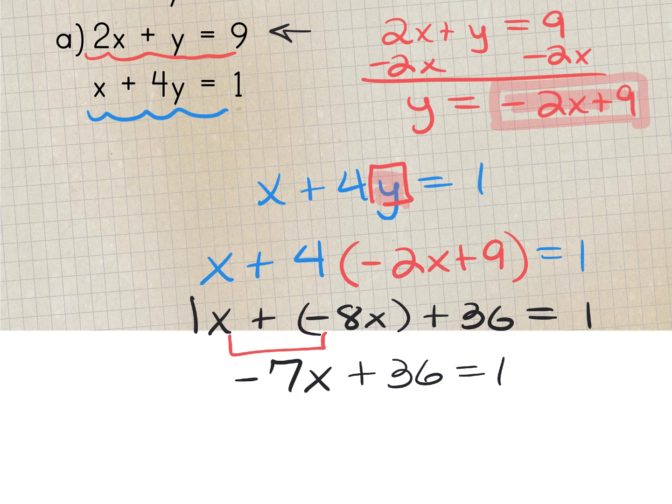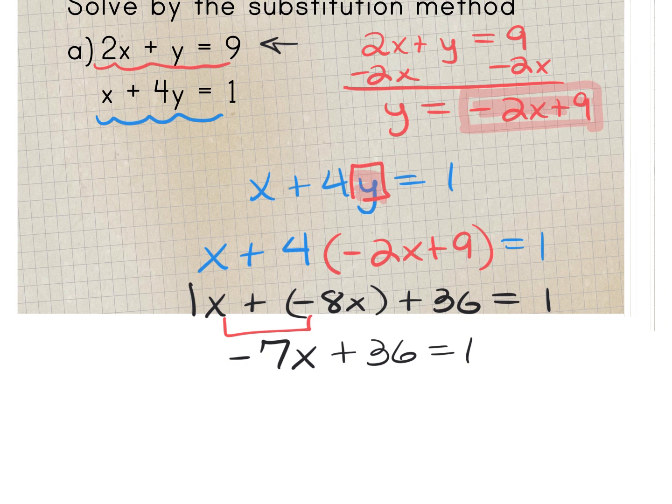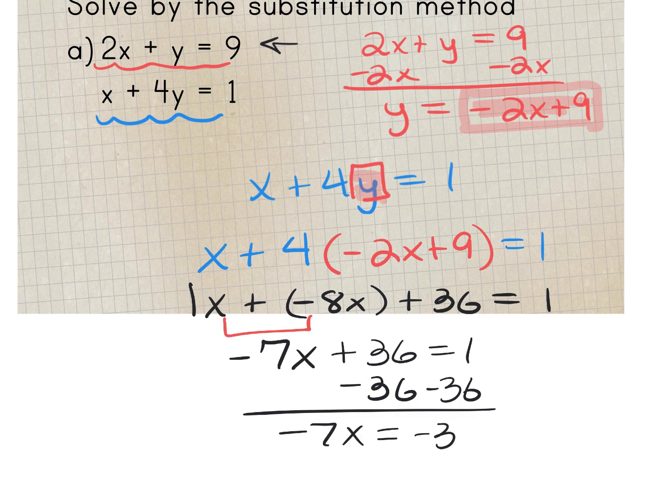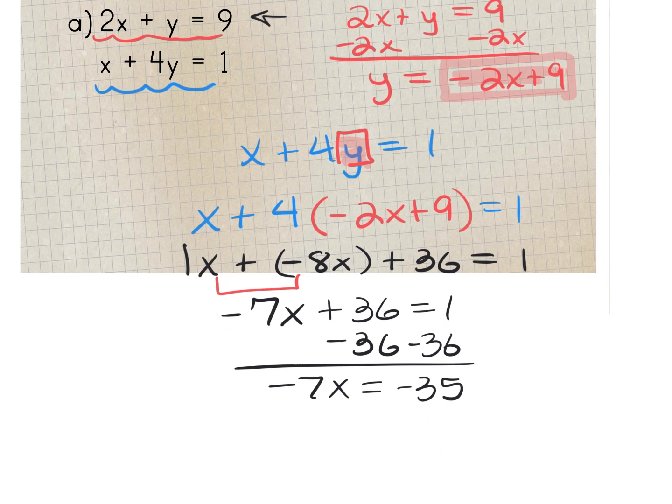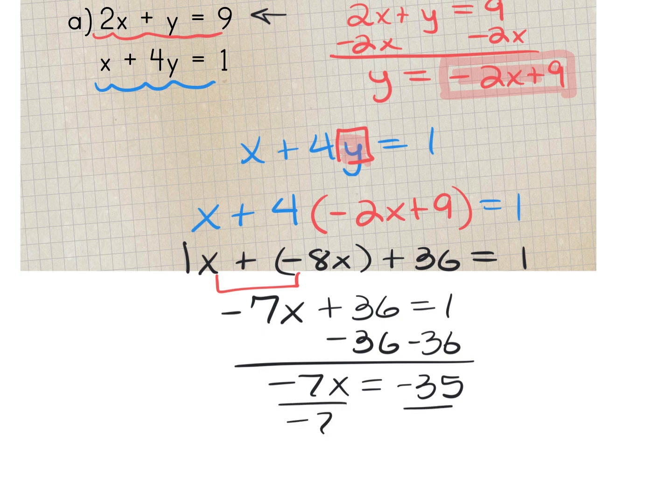Now it's a nice two-step equation. I'm going to subtract 36 from both sides. Negative 7x equals negative 35. Divide both sides by negative 7. And x equals positive 5.